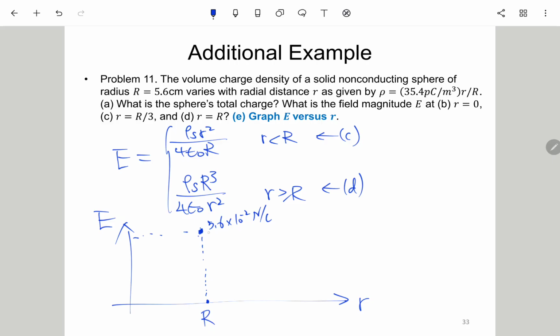So we can see that if R is smaller than capital R, E is proportional to R squared, so it looks something like this. And for this part, it is proportional to 1 over R squared, something like this.